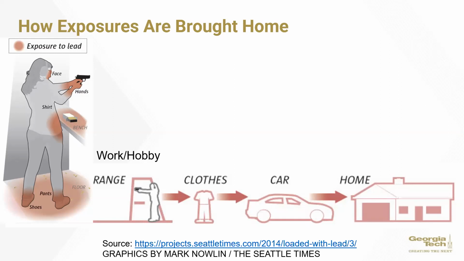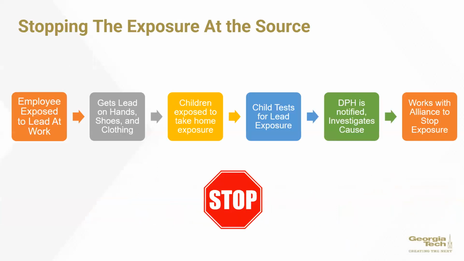And so when you're using the gun, lead particulates escape and can land on your face and hands, your shirt, and on your shoes and pants from the floor exposure. And so the process of transferring it is from the range to the clothing, to the car, to the home.